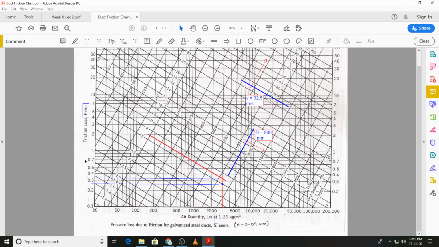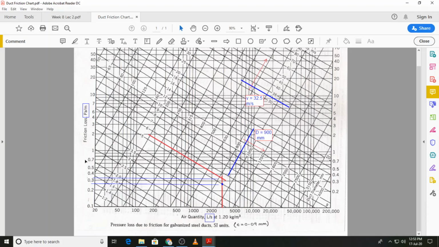What it means is that if I am going to replace that rectangular duct with a circular duct such that the pressure drop remains the same, what should be the size of that circular duct, and you can see that the circular equivalent diameter will come out to be 446 mm.